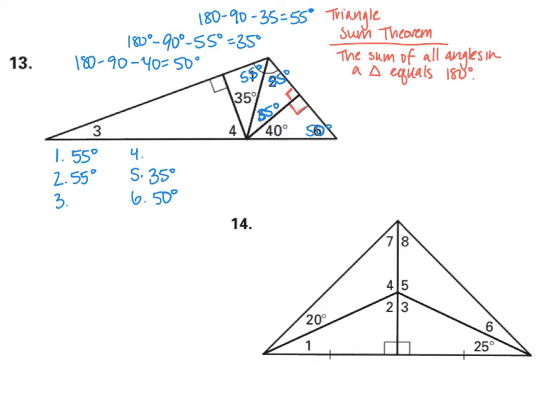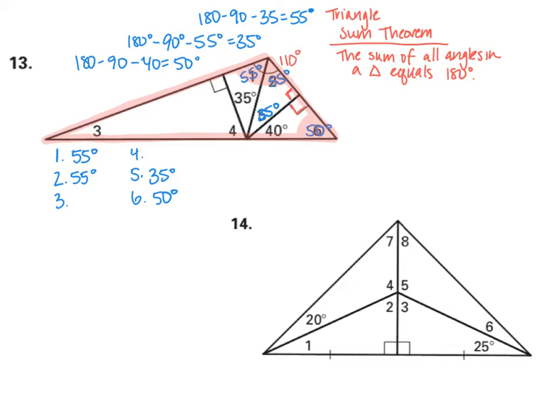So now we know that this outer shape here is in and of itself just one big triangle. We also know that this angle of that big triangle is 50. We know that this angle of that big triangle is 55 plus 55, which is 110.